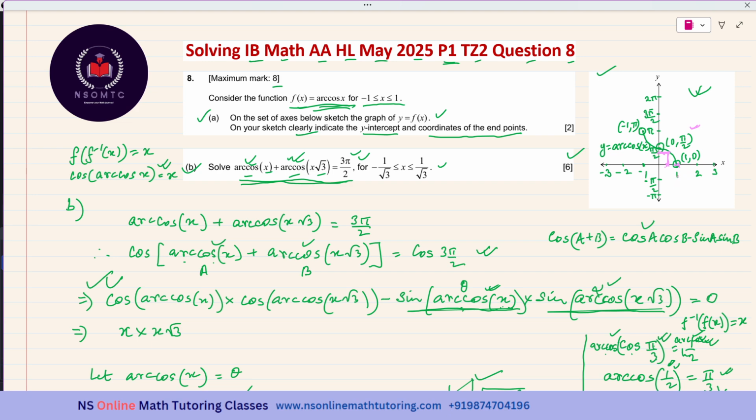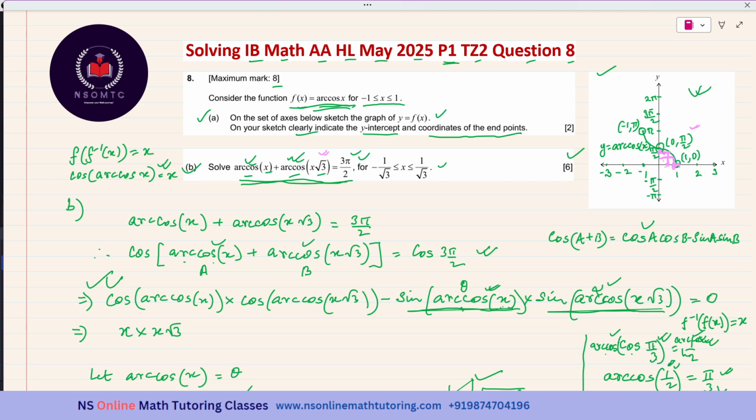And for this one, it will be root 3 over 2. What is the value of root 3? We may take the approximate value as 1.6, and 1.6 divided by 2 is 0.8. So 0.8 will be somewhere over here between half and 1, and its corresponding y value will be even smaller than the half.